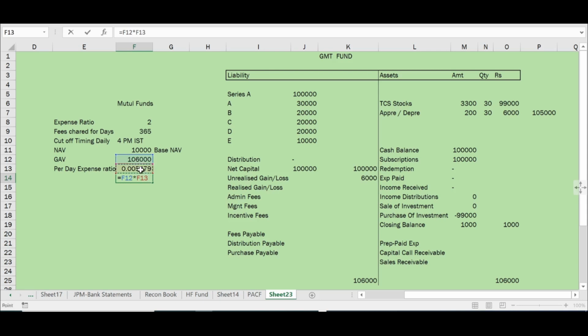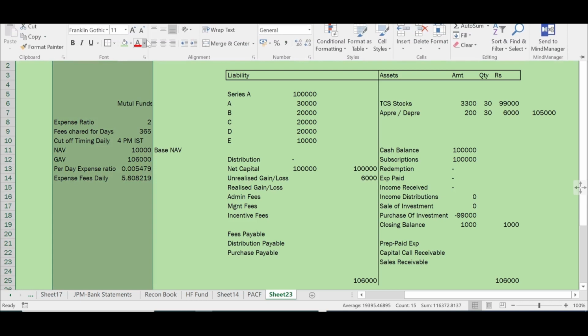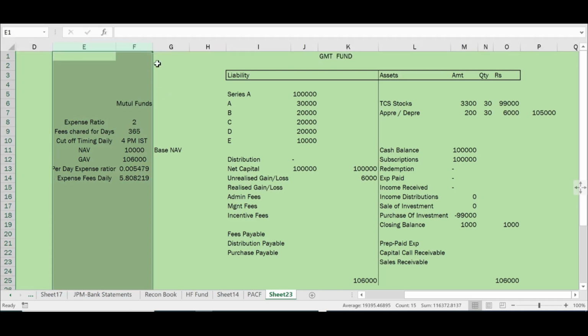Now I'll calculate the expense fees on NAV, net asset value. See this, around 5.80. So this has become the expense fees on a daily basis. This becomes your variable expense, so you might see change in this. It won't be fixed, because it is based on your NAV.